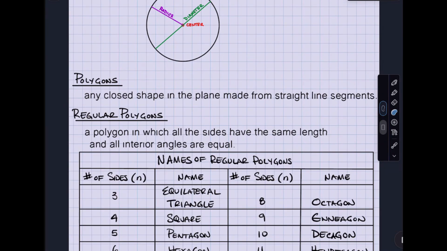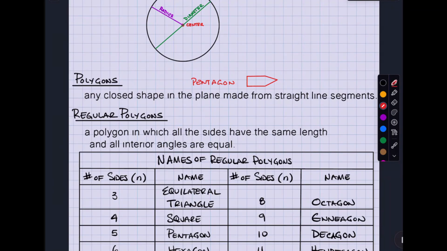So if I was to draw a pentagon, let's say, I can draw this as a pentagon. Right? That's still five-sided, right?